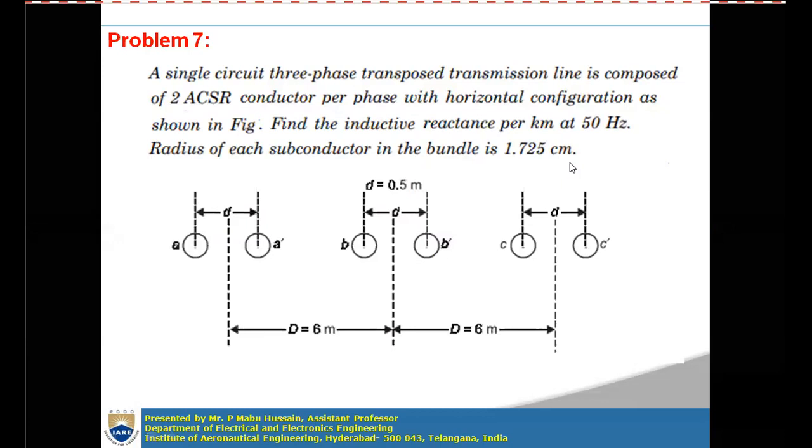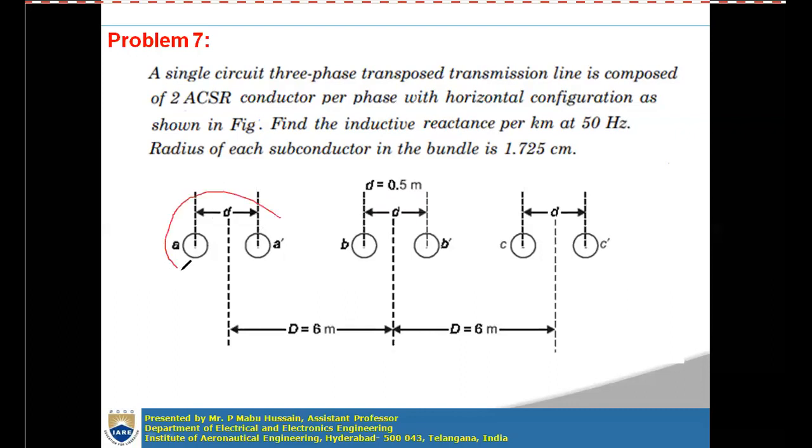If you observe the problem, it is a single circuit 3-phase line. Single circuit means you will have only one set of 3 phases. In the figure you have 3 phases.